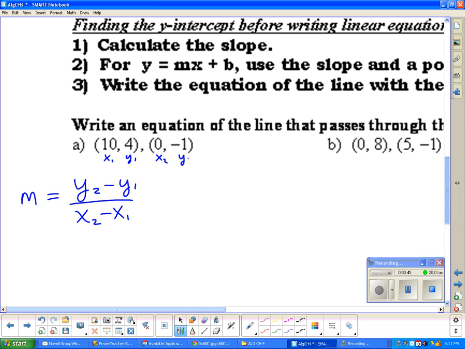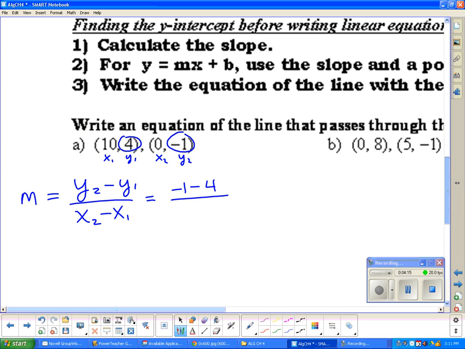So I'm going to find out what the slope is, which I'm expecting a positive number here. So I'm going to take my y2, which is negative 1 from right here, and I'm going to subtract this 4. So negative 1 minus another 4. So that looks like it's negative, which I'm not expecting, but keep going here.